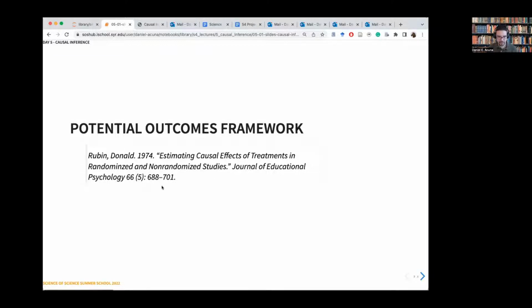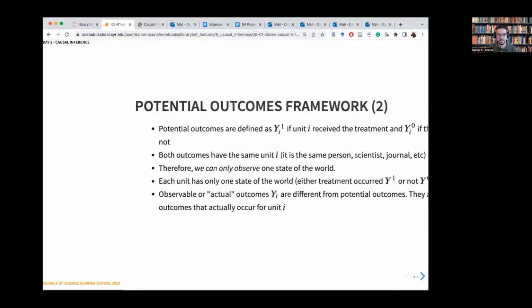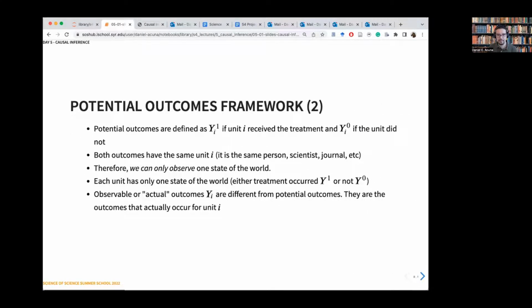And the seminal paper was this paper from Rubin. I believe he's at Harvard now, probably retiring soon, perhaps. And he introduced this idea. Now, the idea of potential outcomes and the statistical description of this could be controversial philosophically for the reasons that we'll see now.